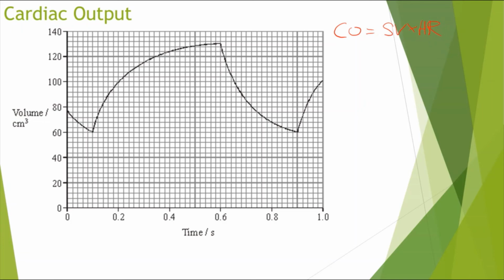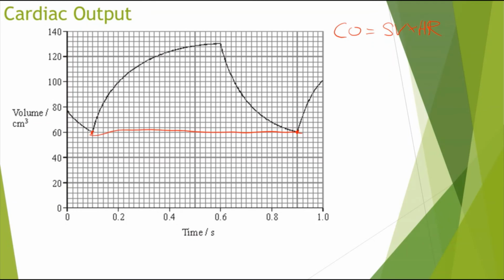So cardiac output would be equal to stroke volume times heart rate. I'll first look at the heart rate. To find heart rate, you basically need to find 2 points on the graph which lie in the same exact position. From this graph, what I can see is those 2 points are in the same position. So this would just be one cardiac cycle.